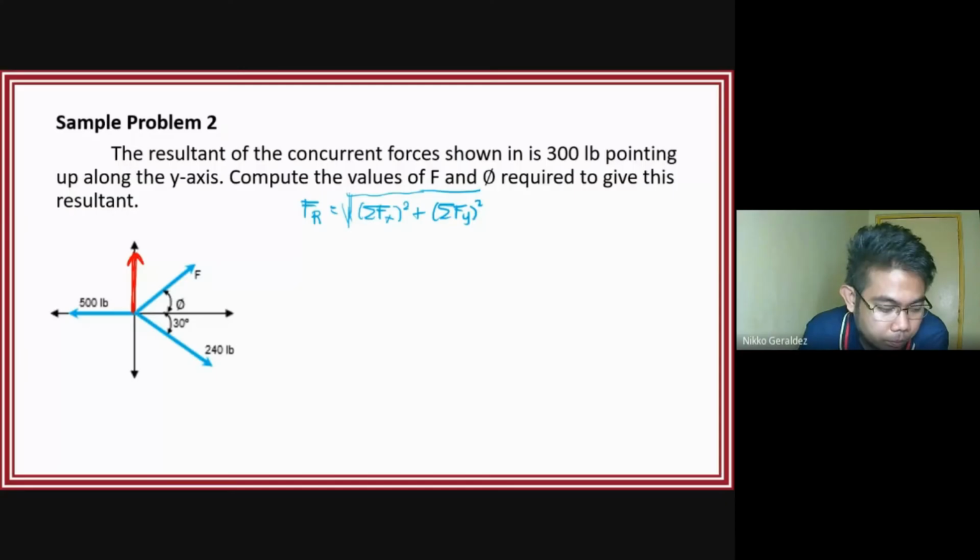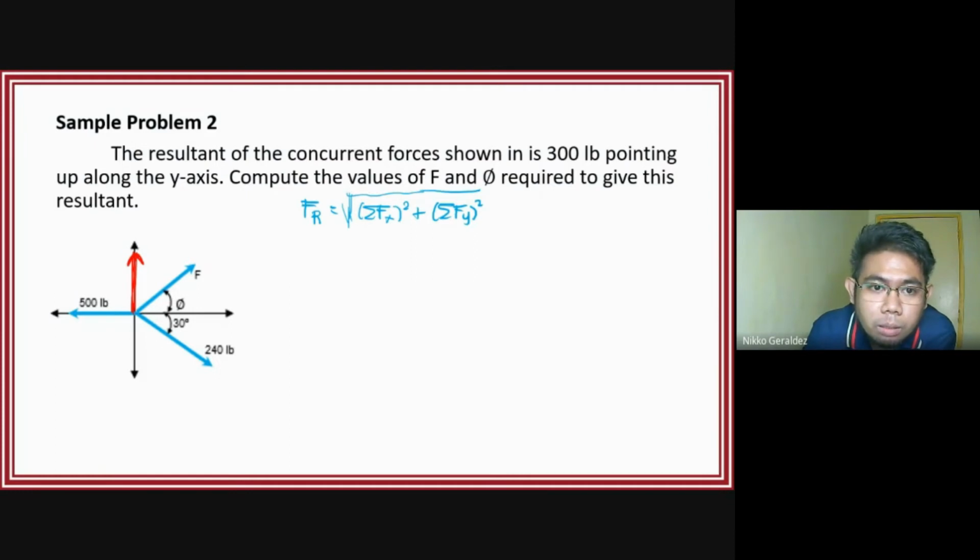Di ba, ang resultant force, ang formula natin is equal to square root of summation of forces along X squared plus summation of forces along Y squared. So, ang resultant force, meron din siyang X and Y component.